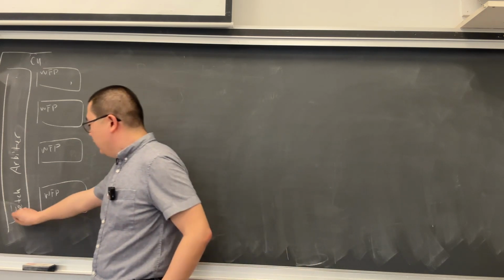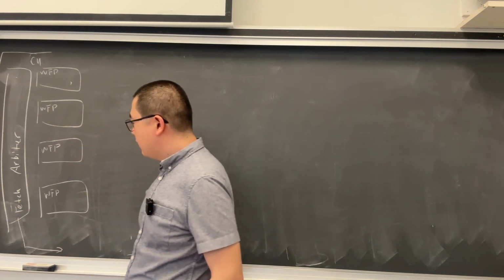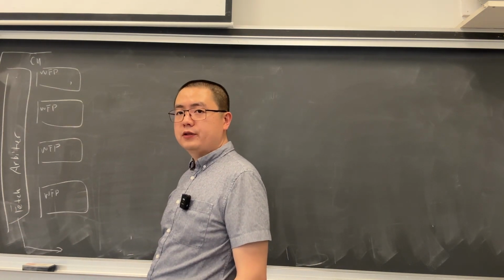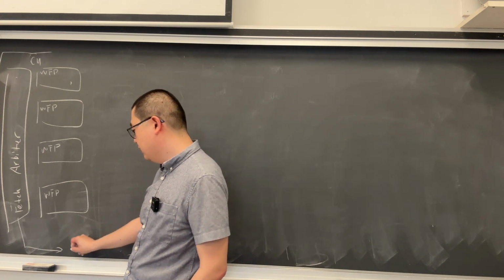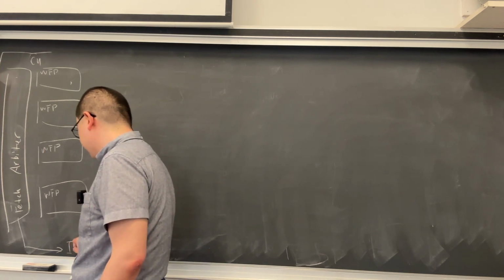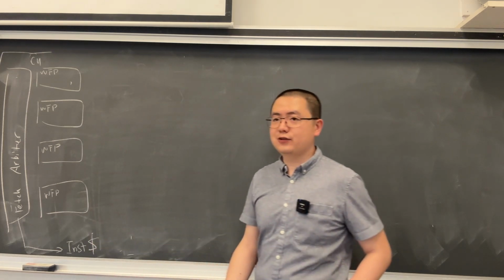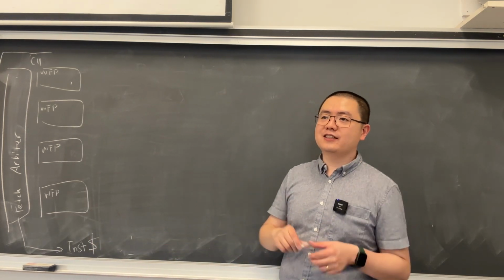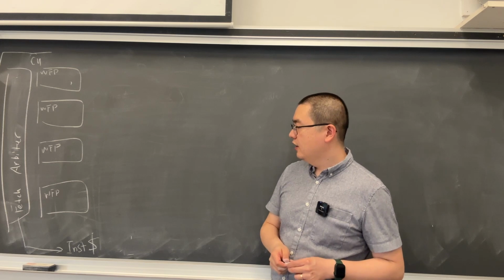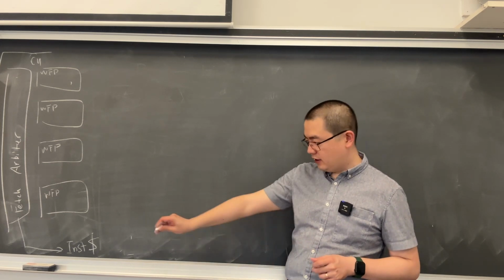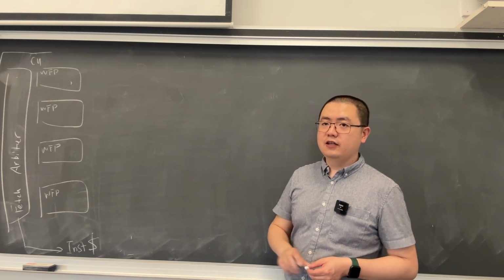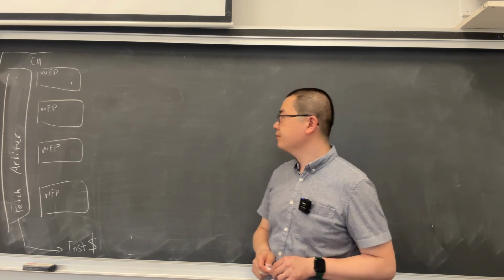Anyway, the fetch arbiter will select a warp to fetch and send a memory request to the instruction cache. So it goes to the instruction cache. We'll talk about the instruction cache later when we talk about the memory hierarchy.